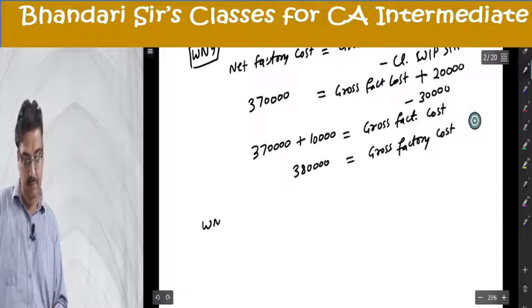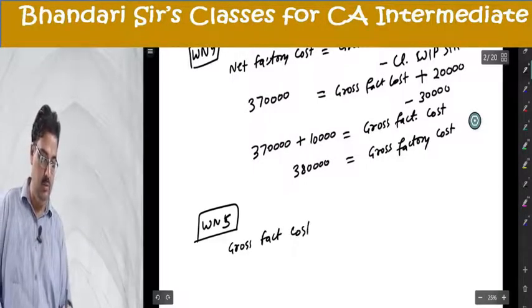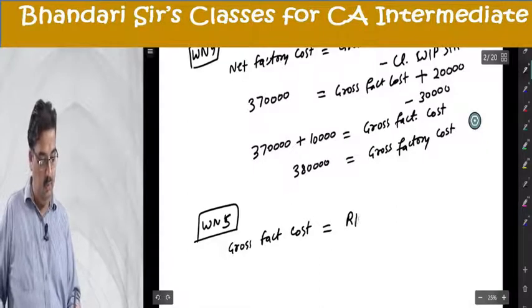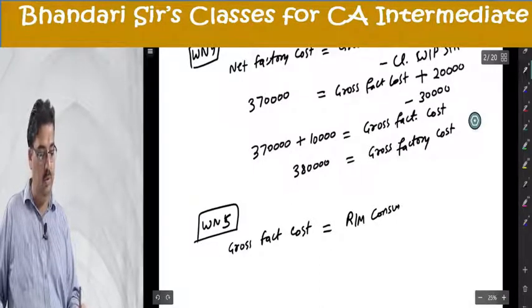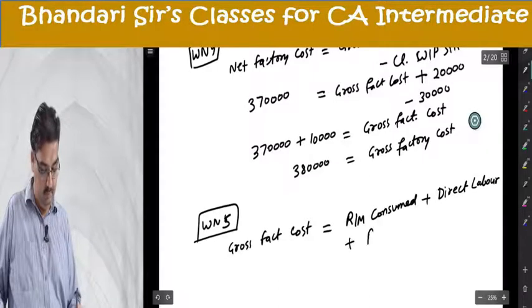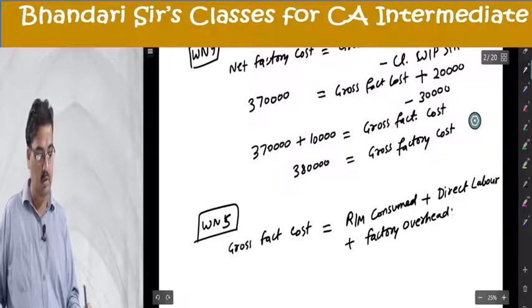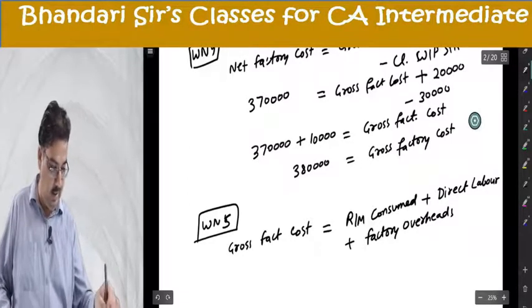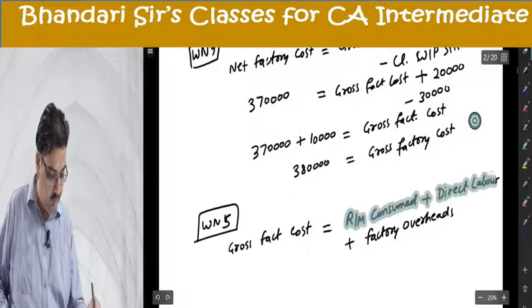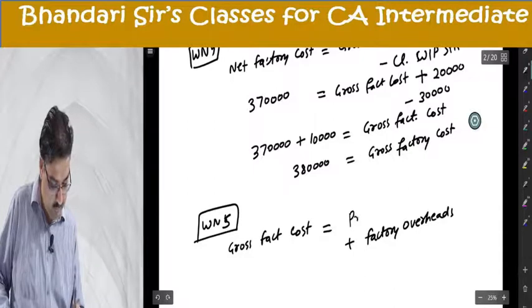Working note 5. Gross factory cost, raw material consumed plus direct labor plus factory overheads. Or if I don't jump to this, instead of all this, I can write as prime cost.